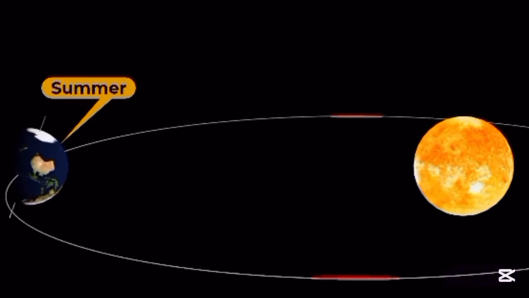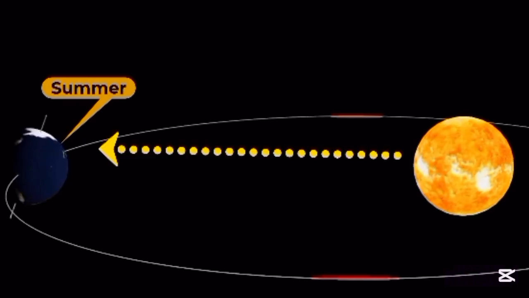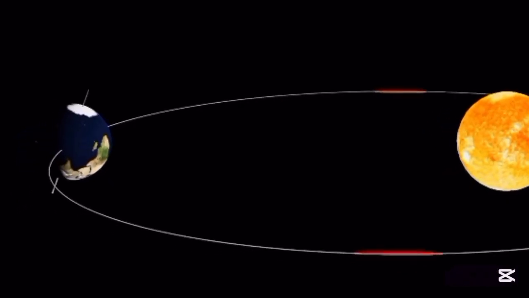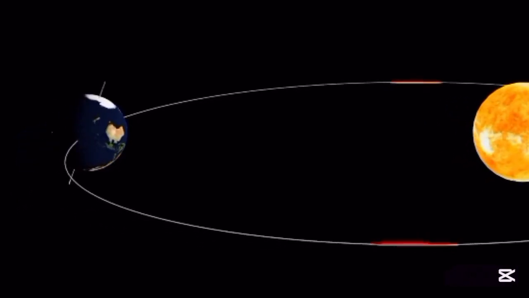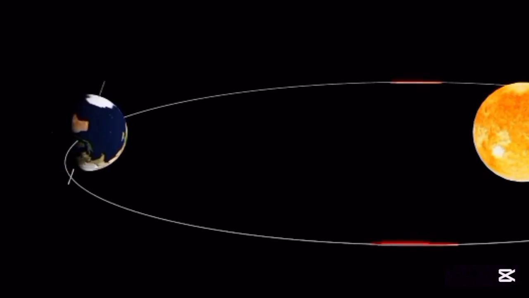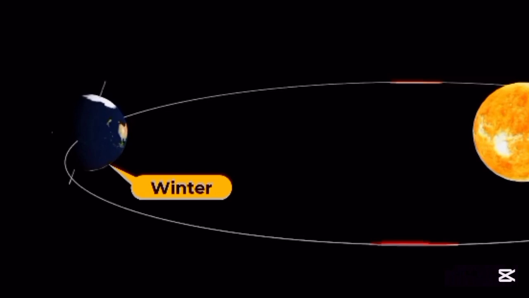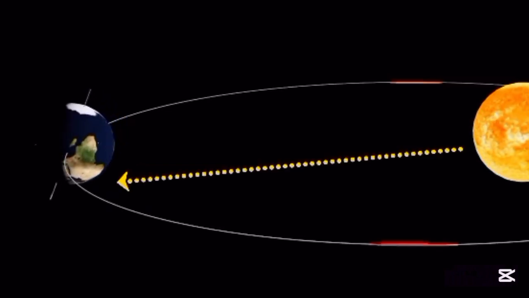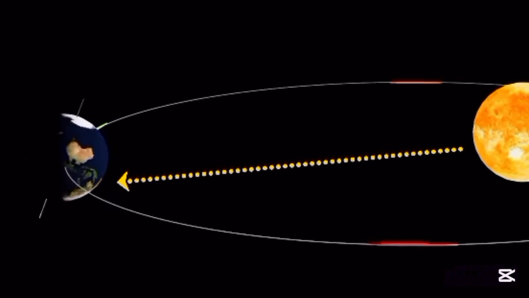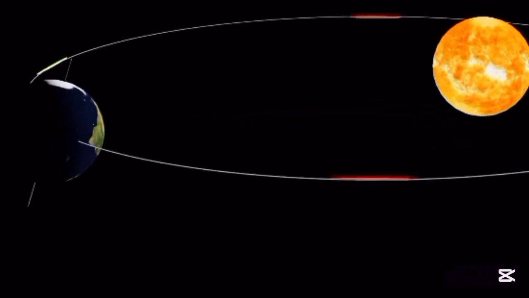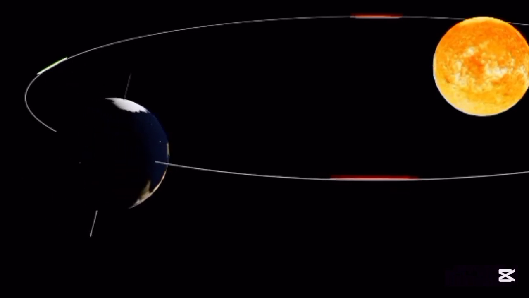The day will have more hours than the night, meaning that the Sun is directly hitting the northern hemisphere, and yet the southern hemisphere is going to experience a very different type of season, which is the winter. This is mainly because the southern hemisphere is away from the Sun as the Earth is tilted on its axis.